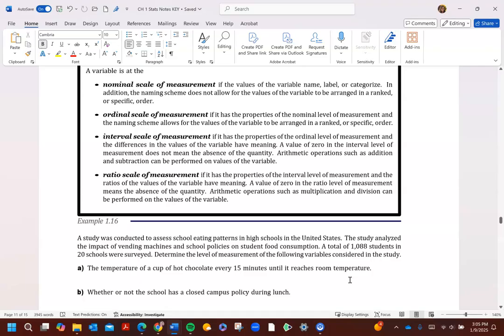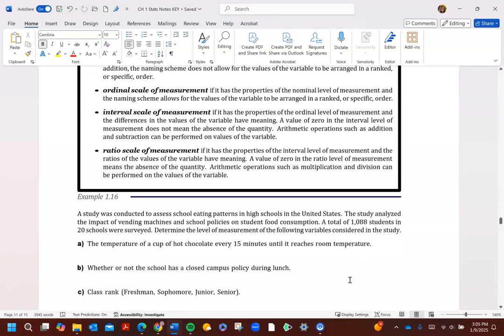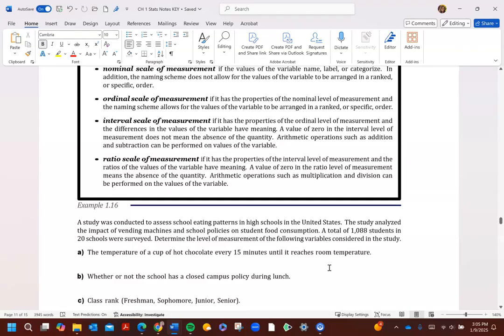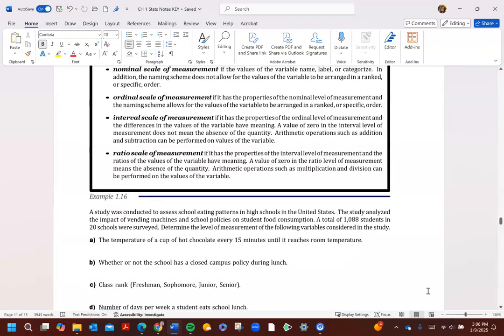B is whether or not the school has a closed campus policy during lunch. And C, class rank, freshman, sophomore, junior, or senior. So we're just saying, which scale is it? Is it nominal, ordinal, interval, or ratio?